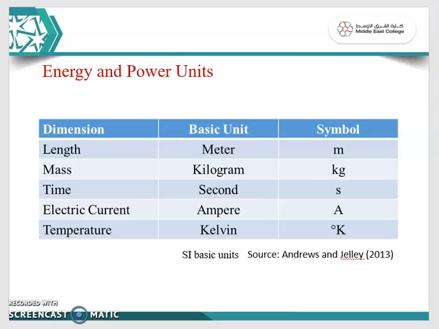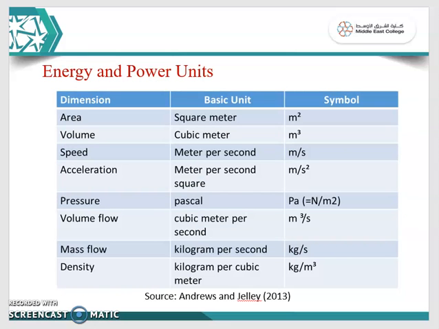Then energy and power units. Here we have some energy and power units which are very well known to all of you, but we just recover them again. Length is in meters, mass is in kilogram, time is in seconds, electric current is in ampere, and temperature is generally measured in Kelvin. Coming to the derived units, area: the basic unit is square meter, symbol m².